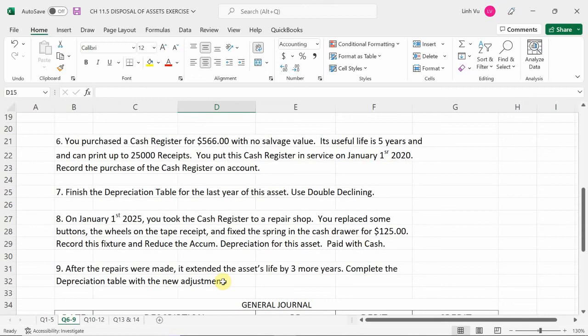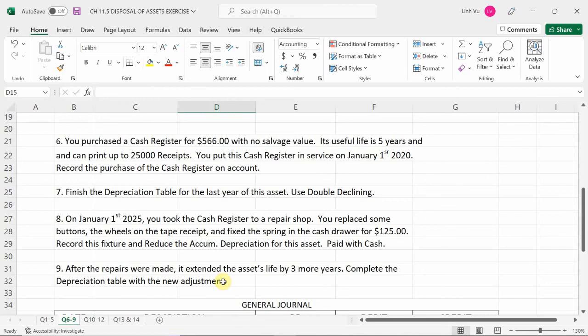Okay. Number 9, on January 1st of 2025, you took the cash register to a repair shop and you replaced some of the buttons, you replaced the wheels on the tape receipt, and you fixed the spring in the cash drawer for $125.